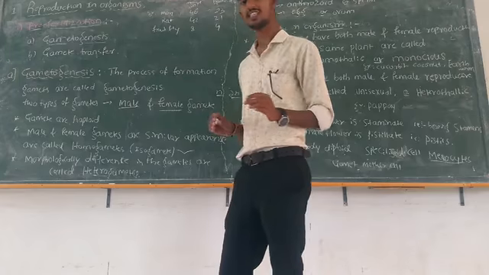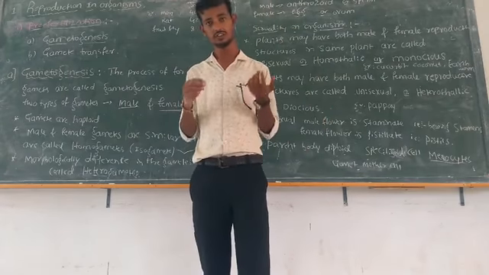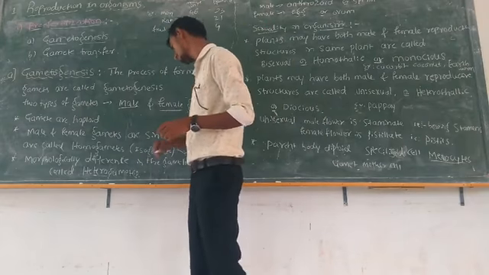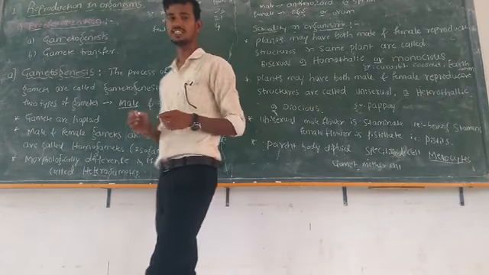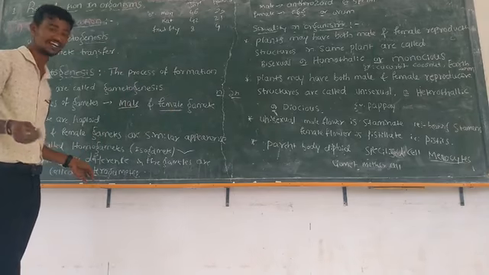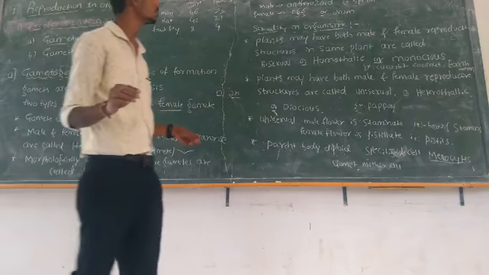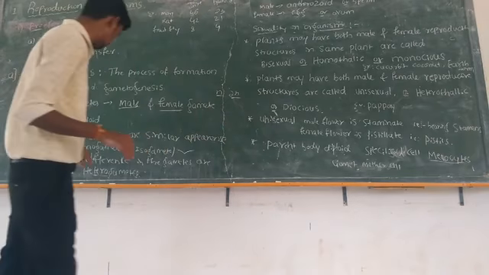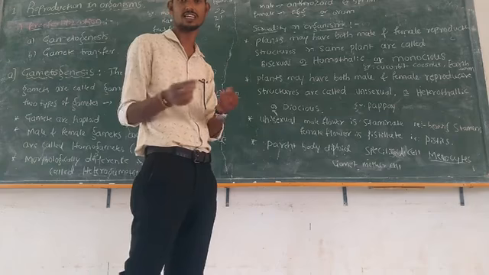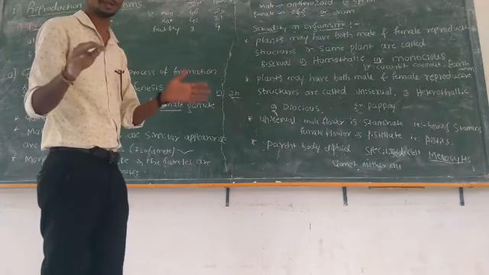In case there is a morphological difference between male and female gametes, they are called heterogametes. Heterogametes means they have a morphological difference; male and female are separated.